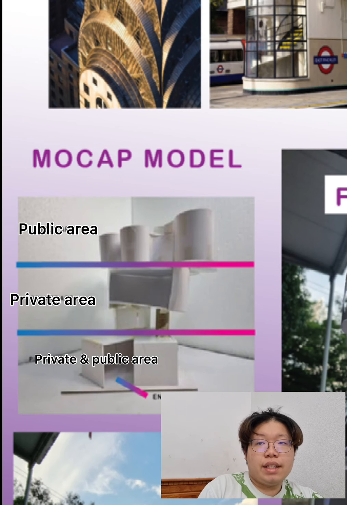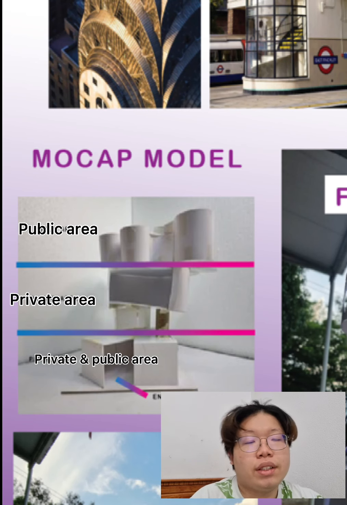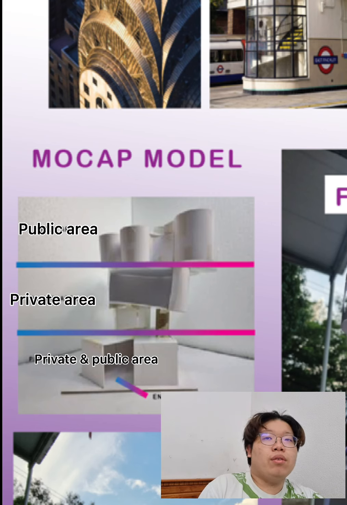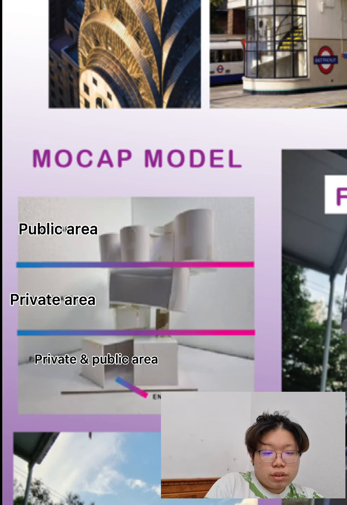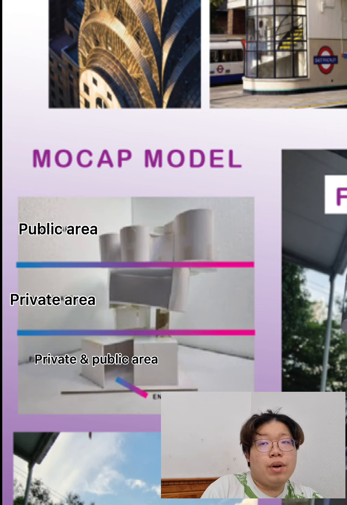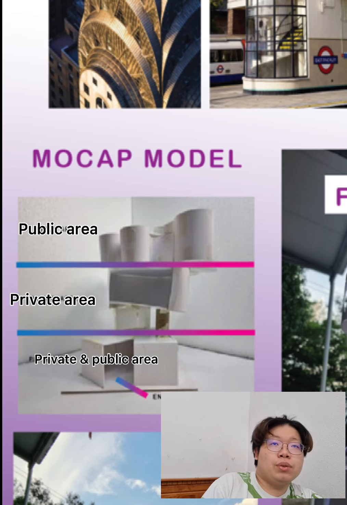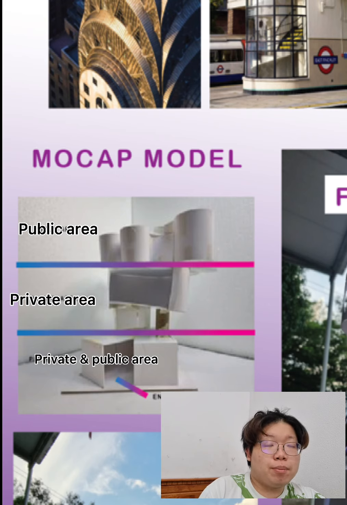In this space, there are three levels: one is the private space, one is the public space, and the last is a space which can be used as both, a public space or a private space.